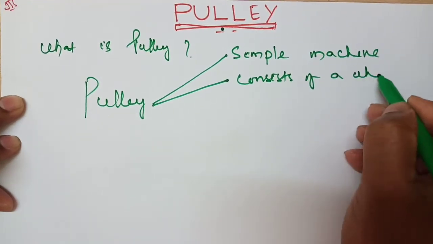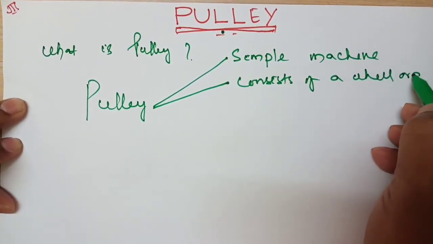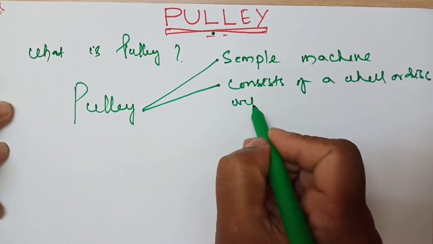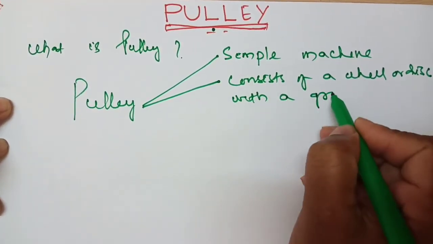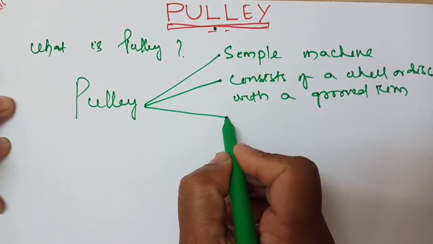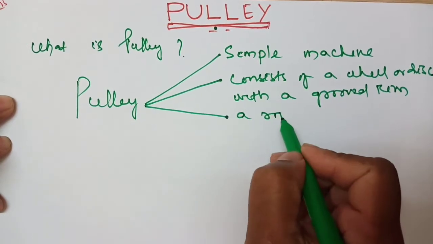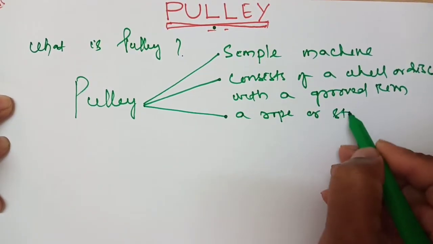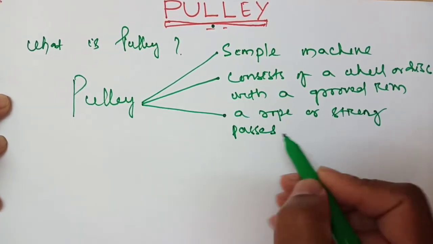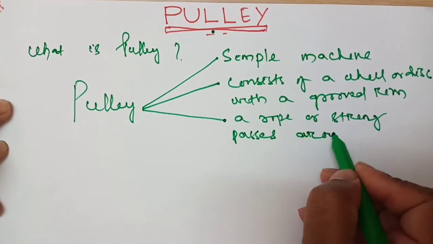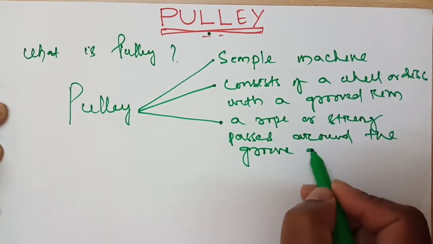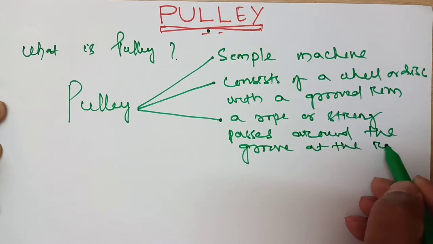a wheel or disc with a grooved rim. Okay. Third point, a rope or string passes around the groove at the rim.